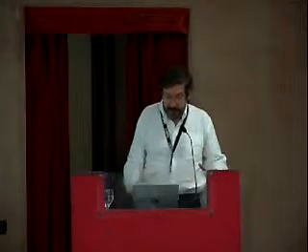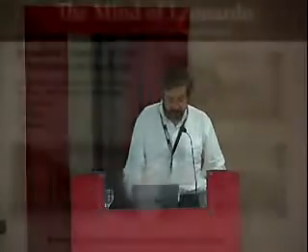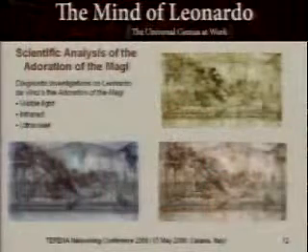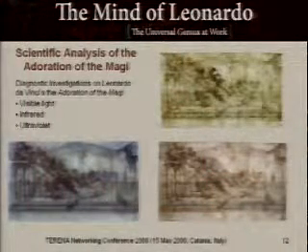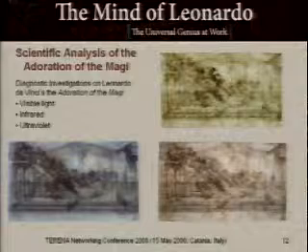There is a section on scientific analysis of the Adoration of the Magi. It's a study of Leonardo. On this drawing there are some diagnostic investigations, and there are photos in visible light, infrared, and ultraviolet.